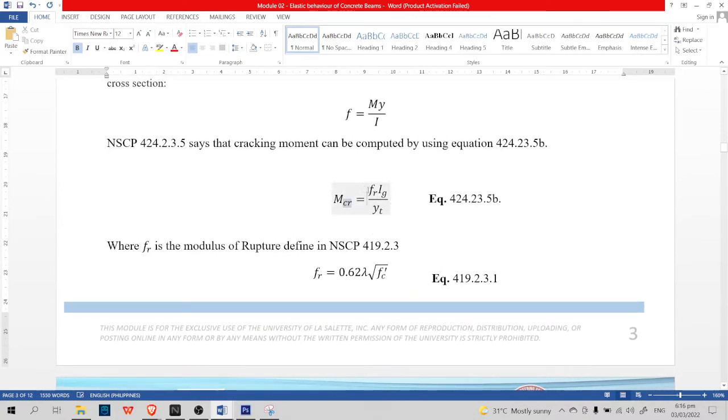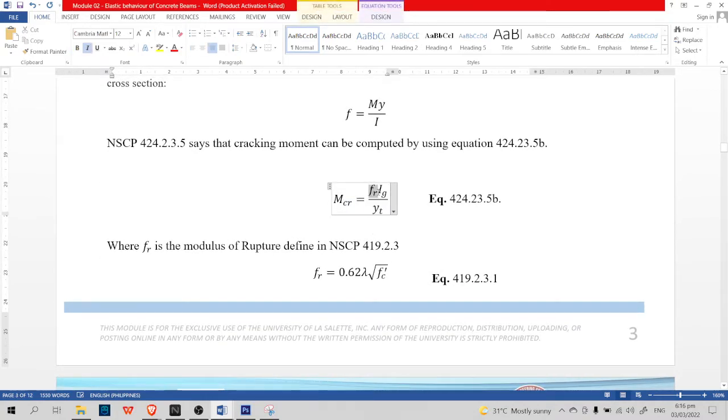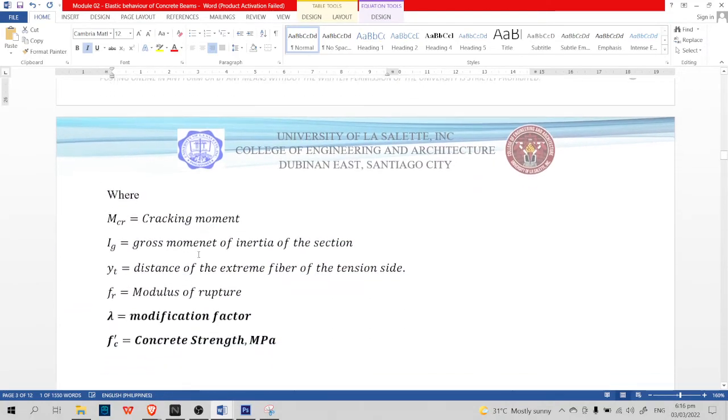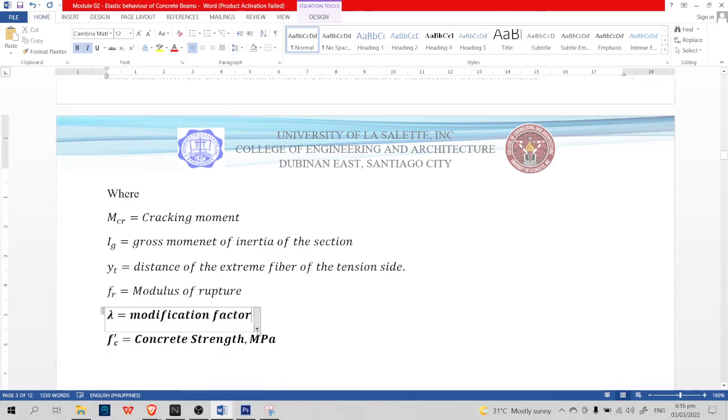Kung saan pala yung stress modulus of rupture is governed by this equation. So, ayan. Yung lambda is the modification factor. For our computation, we will use just simply 1.